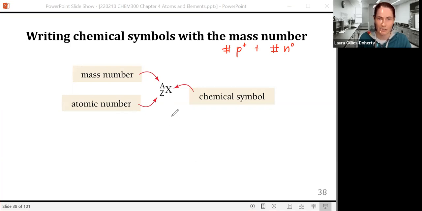So for example, if we're dealing with carbon-14, carbon always has 6 protons. By definition, that's what makes it the element carbon. So the atomic number is going to be 6. And then if it had 6 protons plus 8 neutrons, its mass number would be 14. So we'd write 14 here.